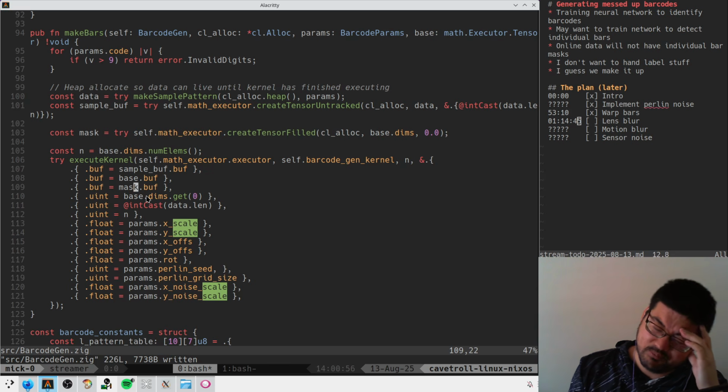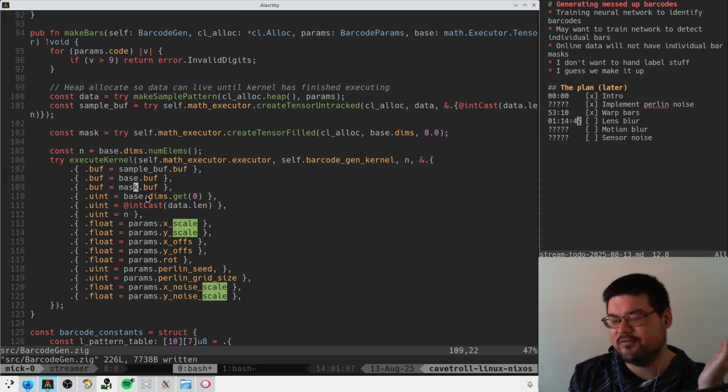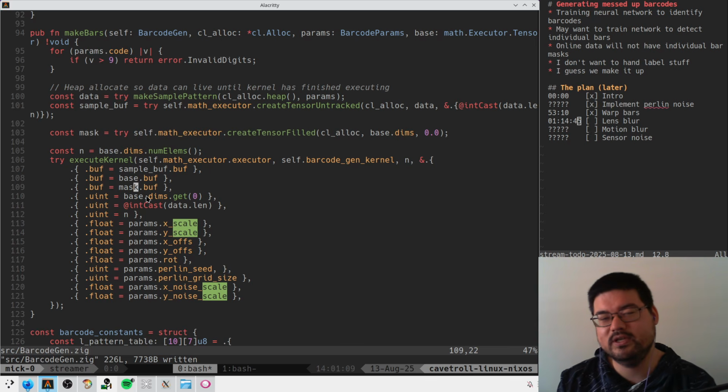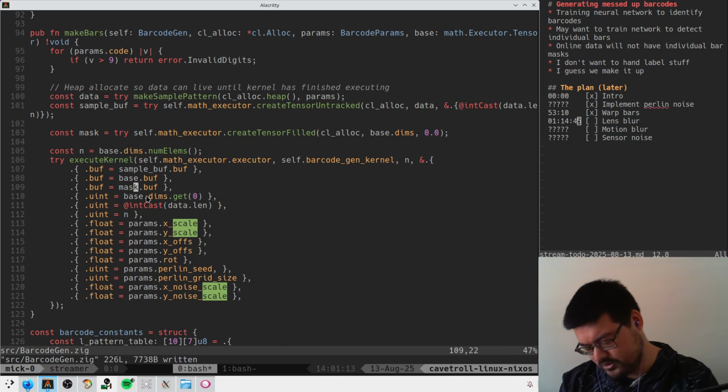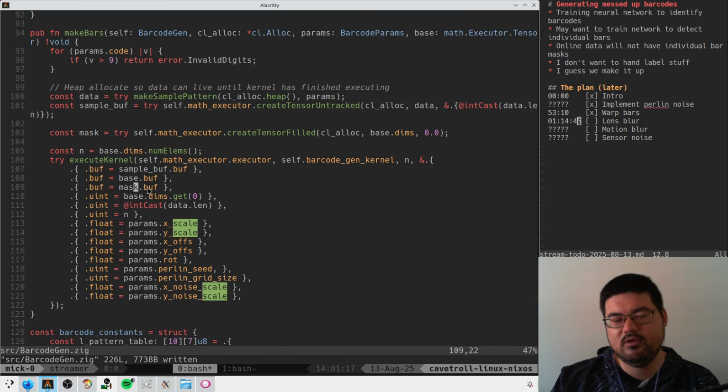You are kind of right that it will probably generate slower because of the memory hit from sampling the mask buffer instead of just calculating again. But because of the noise, it's going to change. I think this mask buffer will eventually contain information about which bar is which as well. So maybe it's fine. We can always change our minds later.